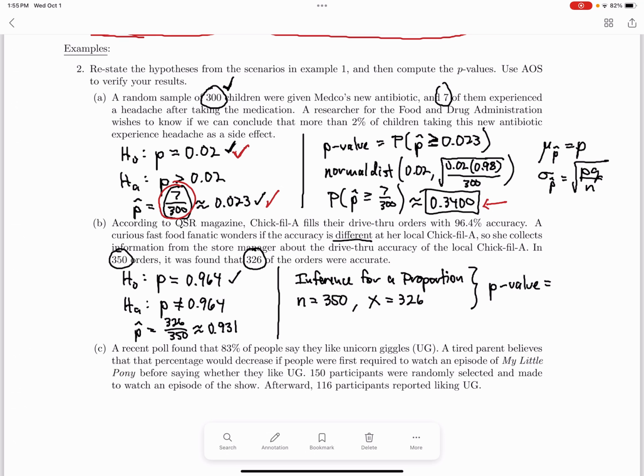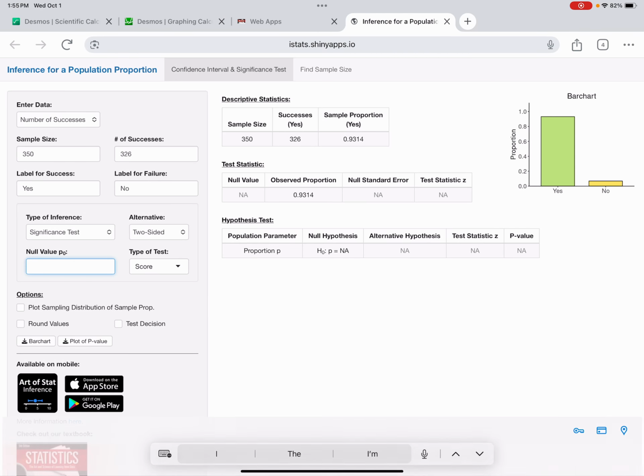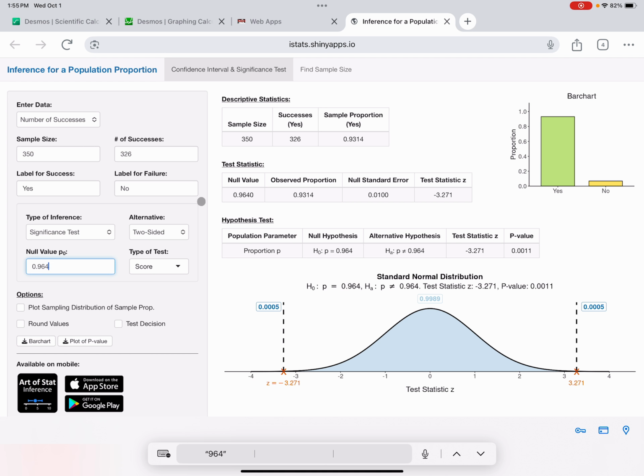No, 96.4. Okay, 96.4 or 0.964, right? 0.964. And this time we did want a two-sided alternative, right? We wanted to test the hypothesis that p was not equal to 0.964. And so there it is, right? There's our p-value, 0.0011.